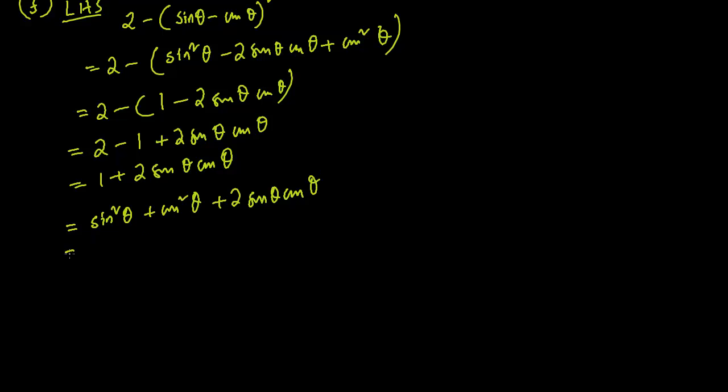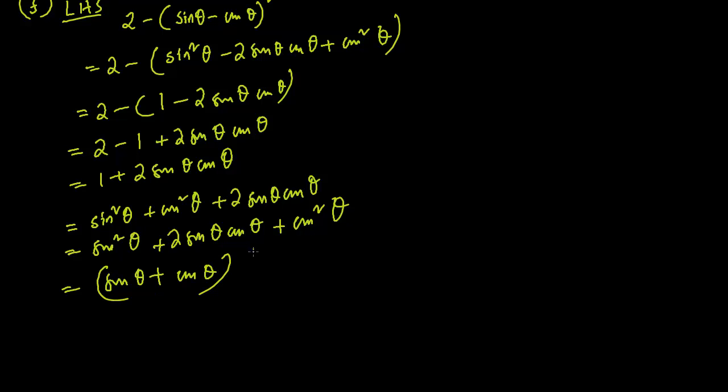So this can be rearranged as sine squared theta plus 2 sine theta cos theta plus cos squared theta, which is the same as a squared plus 2ab plus b squared. We can write sine theta plus cos theta whole squared. If we break it down, we again get the previous line. So therefore, left hand side equals right hand side.